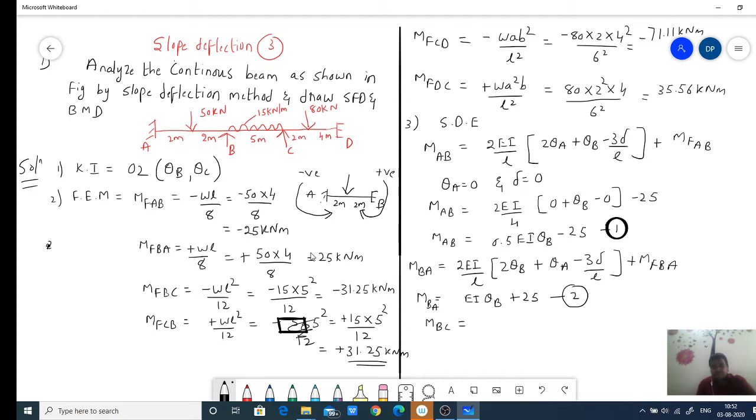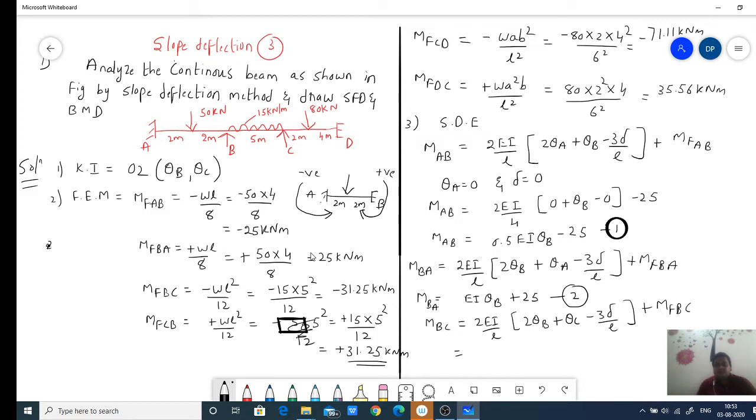Once MBA is done, my next step will be MBC. The formula will be the same: 2EI by L into 2 theta B plus theta C, minus 3 delta upon L, plus MFBC.